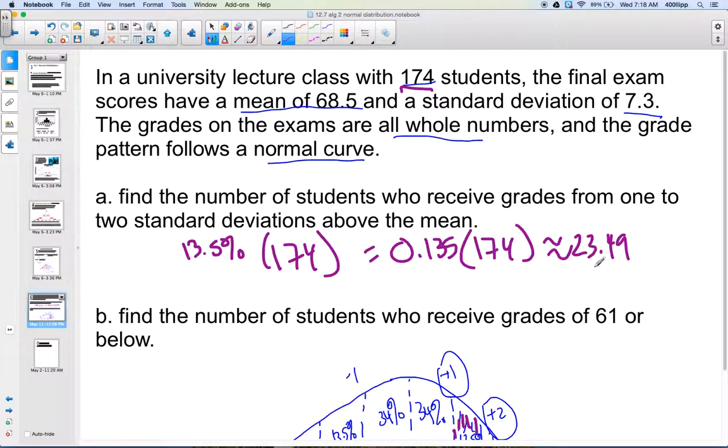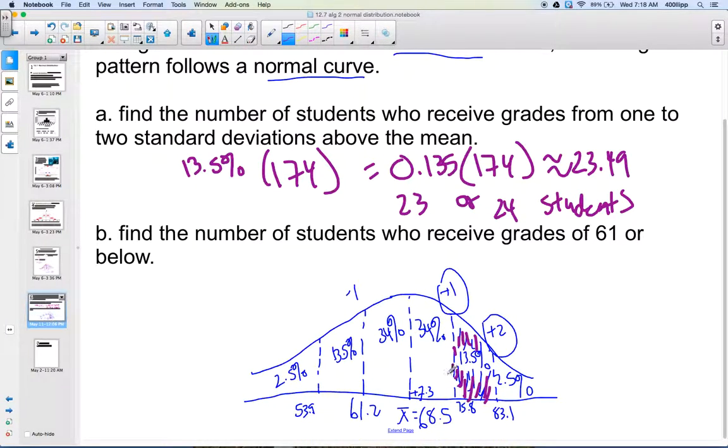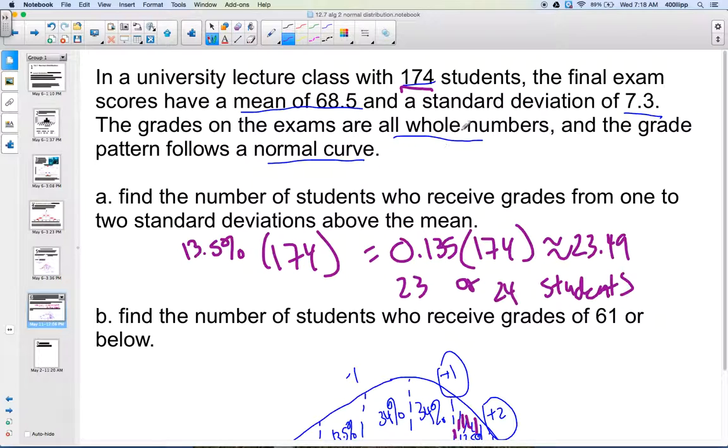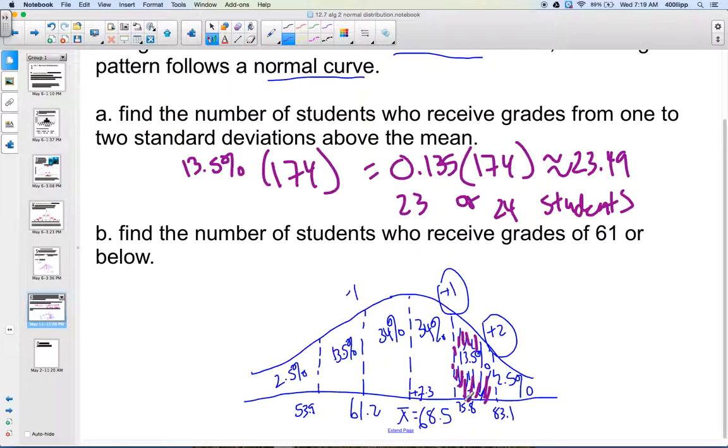We're talking about students, so about 23 or 24 students fell between 1 to 2 standard deviations above the mean, which is a score of 75.8 to 83.1. Since the problem says all grades are whole numbers, they really scored between 76 and 83.